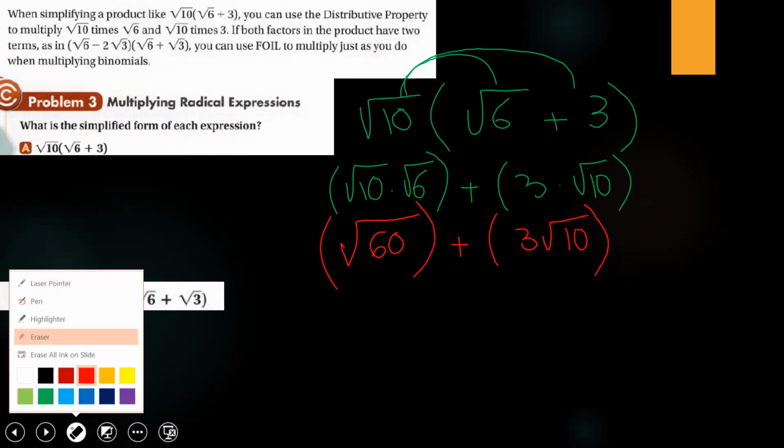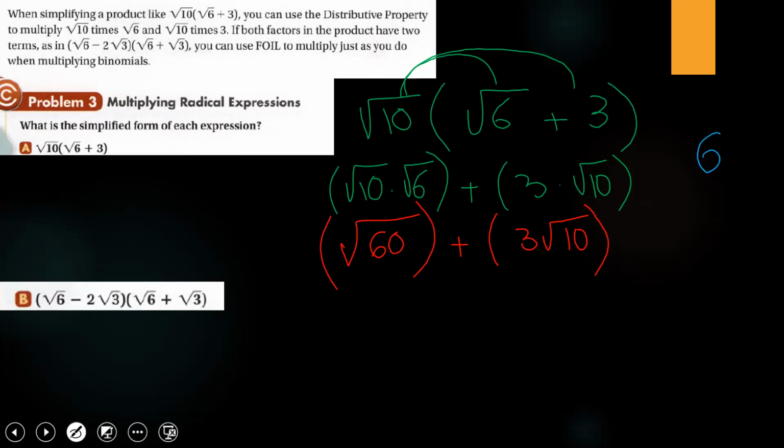If you factorize 60, like 12 and 5, look at the 12 and 5. Are the factors of 60 prime numbers? 5 is a prime, yes, but 12 is not a prime.